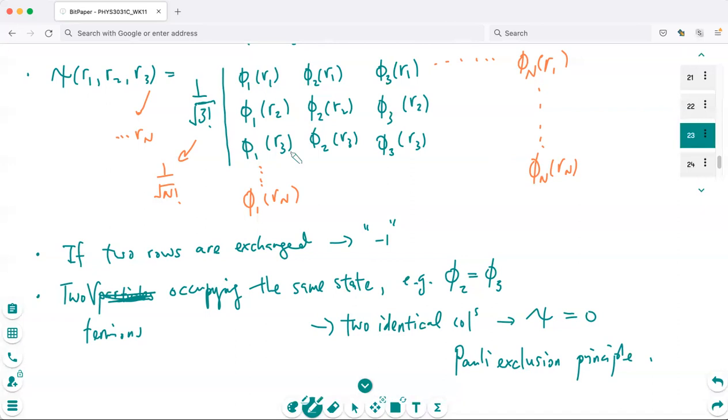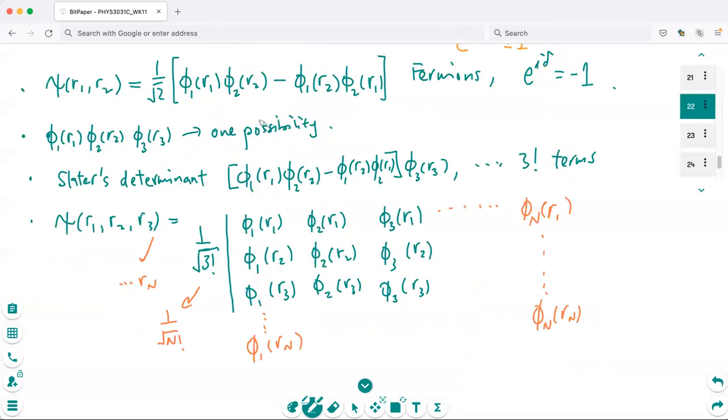Whenever you see a minus sign, you replace it by a plus, and when you see a plus, you keep it as plus, and that will give you the symmetric solution. So you can exchange any particle, no problem. You get plus. Okay, and that is the way you do this.